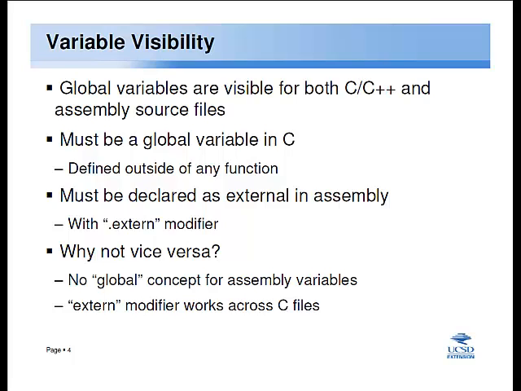The protocol is like this. If the C variable needs to be seen by assembly, then this C variable needs to be a global variable. Let's recall what kind of variables are global. First of all, any variables defined outside of main are global, because main is the top layer of the scope. Remember, in C, we basically talk about scopes.